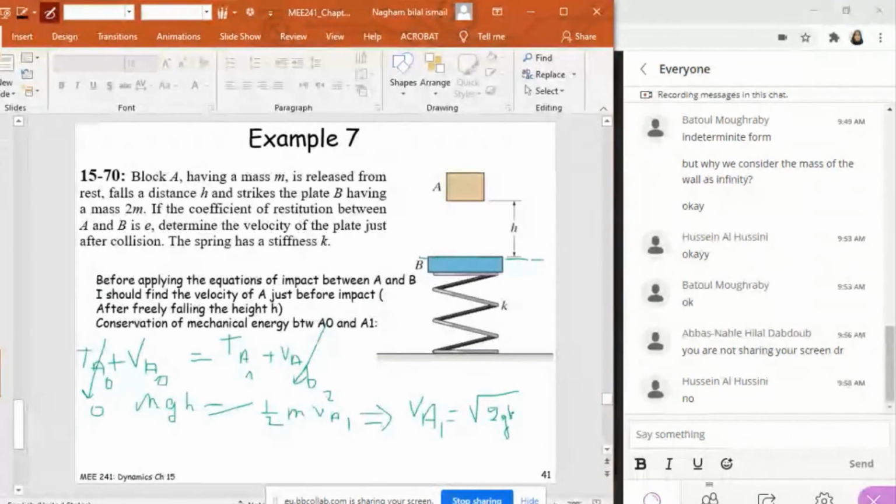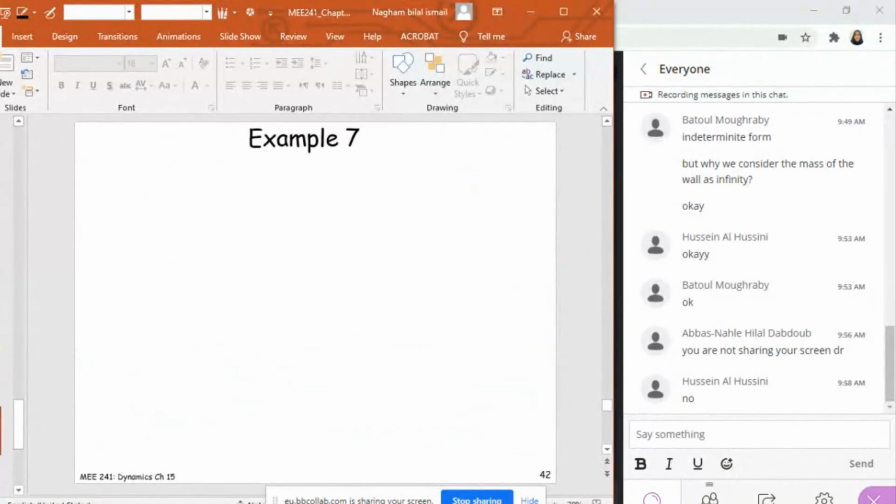You can take the positive direction as the positive Y. And in this case, of course, VA1 will be negative because A is moving downward. Or you can take this as your positive direction. I'm going to take this as my positive direction to use it later on in the impact equation, and I'm going to call it Y prime. Right? So if I take this as my positive direction, then VA1 will be positive. Right? So this is the velocity of A just before collision.